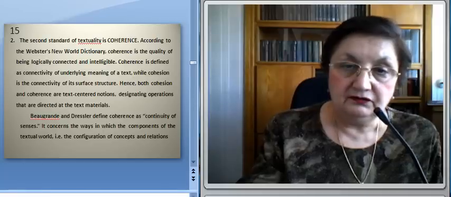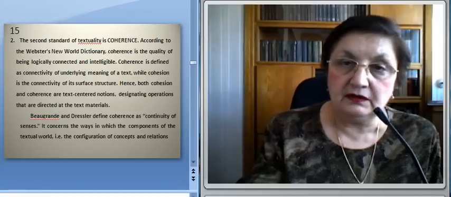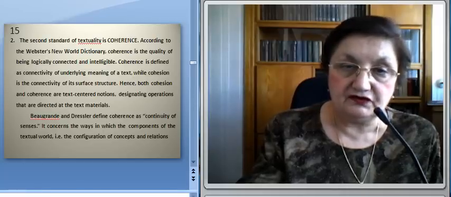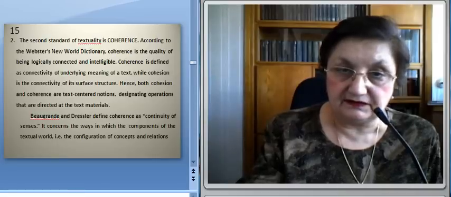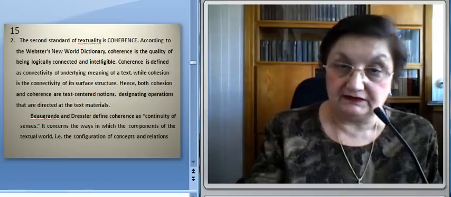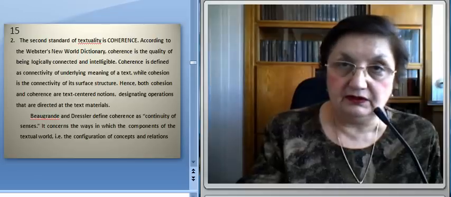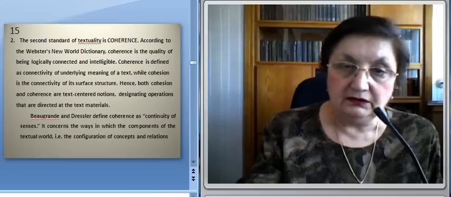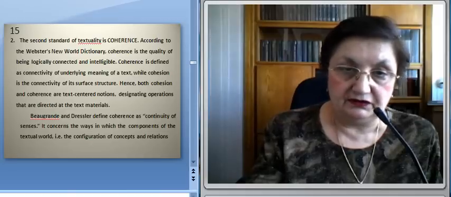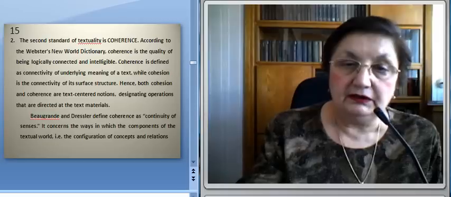Beaugrande and Dressler define coherence as continuity of senses. It concerns the ways in which the components of the textual world, that is, the configuration of concepts and relations which underlie the surface structure, are mutually accessible and relevant.